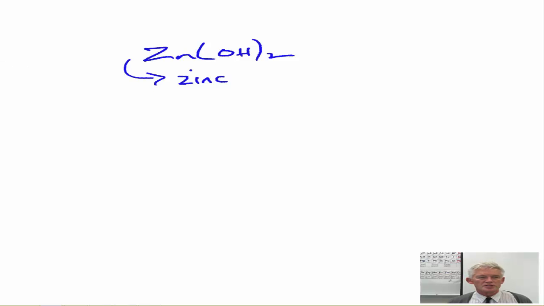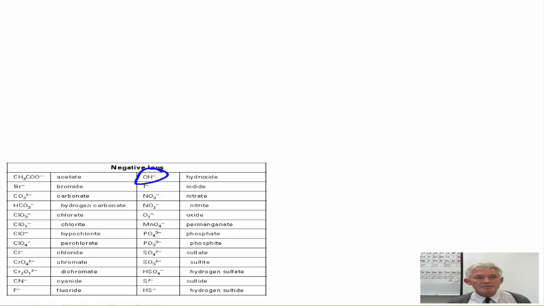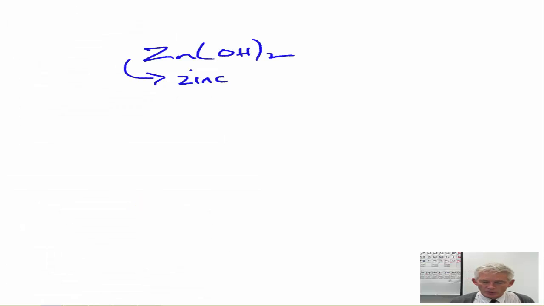Of course, you're saying to yourself, say what? Polyatomic ions? Where's OH? There's OH, hydroxide, and it has a charge of -1. Not that we care, because we're just naming it, right? So the OH is hydroxide, zinc hydroxide. No sweat. That is the name.